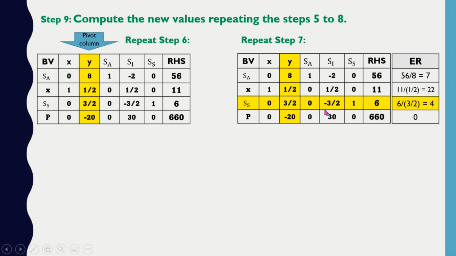And we have 6 divided by 3 halves, that means 2 times 6 is 12 divided by 3, that is equal to 4. And next here, we have 660 divided by negative 20. That is not actually equal to 0. That is actually negative. Okay, but of course, just write there 0.